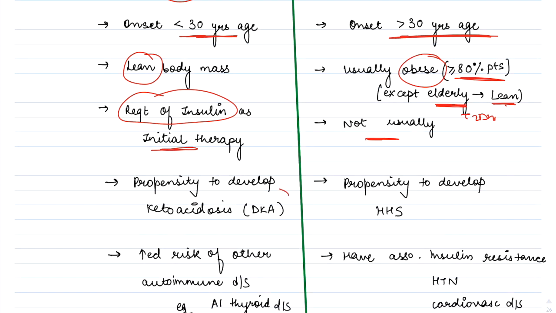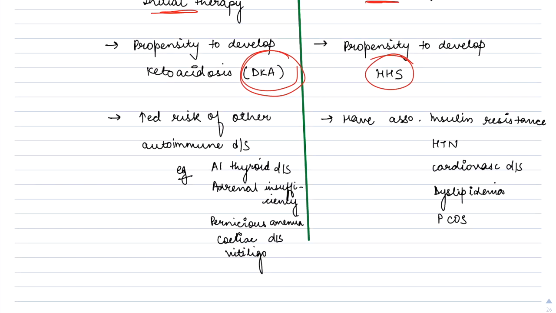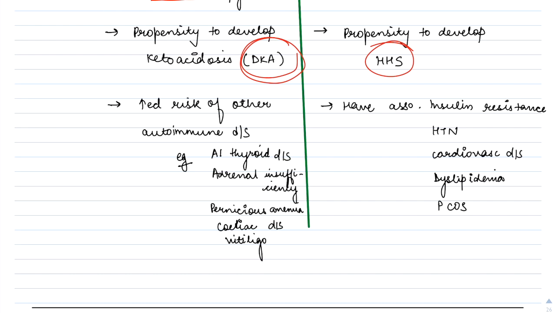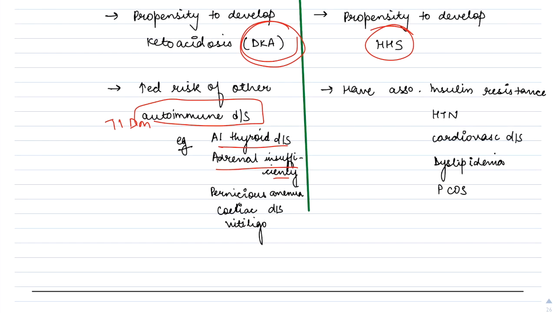There is propensity for development of diabetic ketoacidosis in type 1, while there is propensity to develop hyperglycemic hyperosmolar coma or hyperglycemic hyperosmolar state in type 2 diabetes. In type 1 diabetes, there is increased risk of other autoimmune diseases like autoimmune thyroid disease, adrenal insufficiency or Addison's disease, pernicious anemia, celiac disease, or vitiligo.